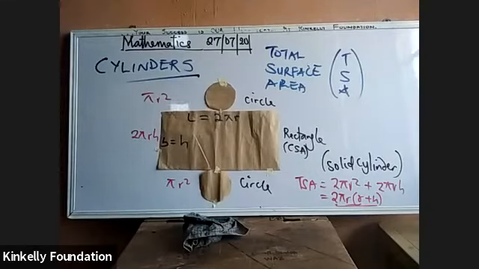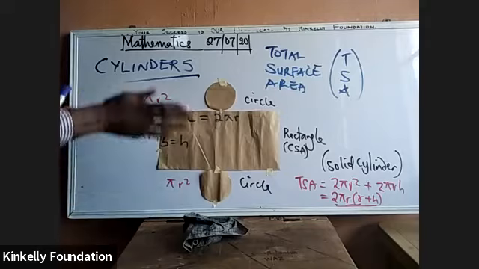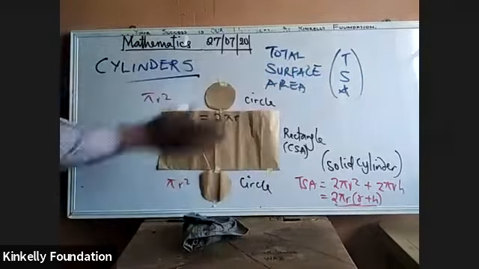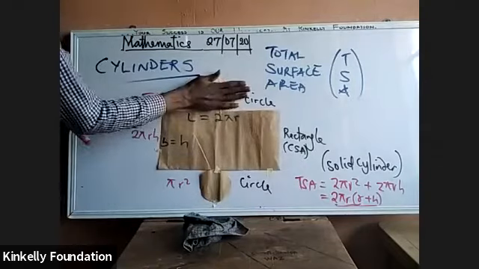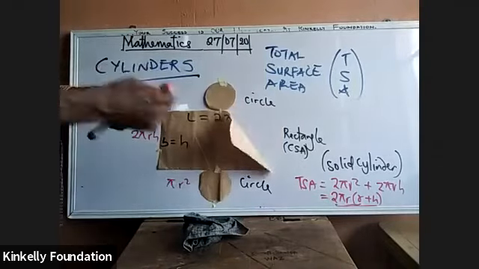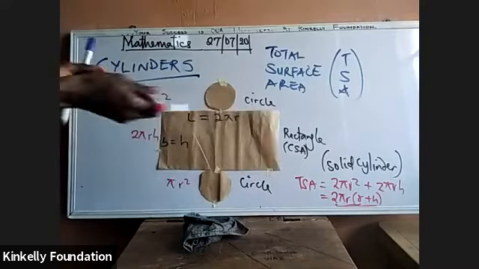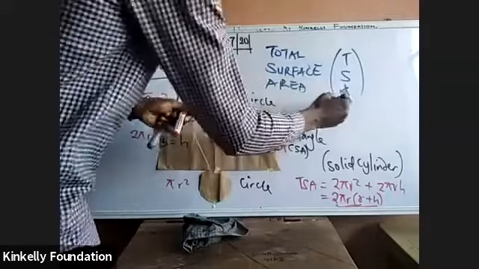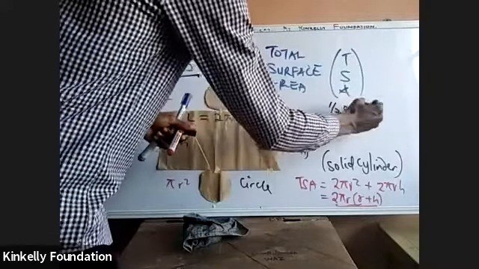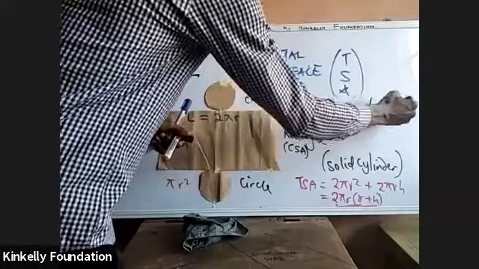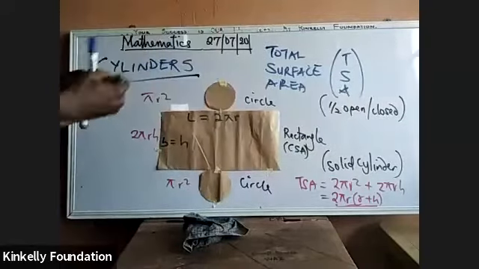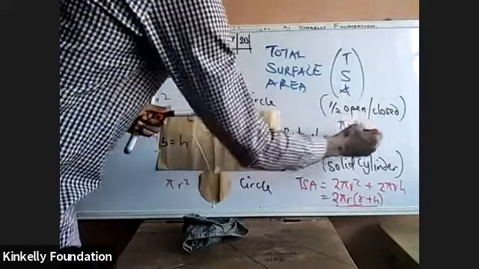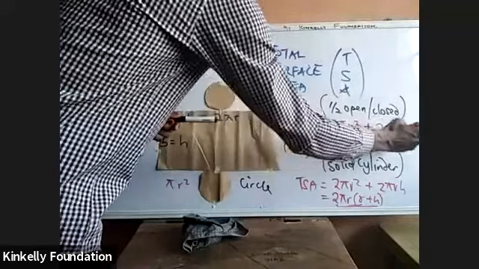Now, what of other ones? If a cylinder is open at one end, maybe it is open here but closed here, what do we now have? We call it half open. The TSA will now be 1 pi r square plus 2 pi r h.